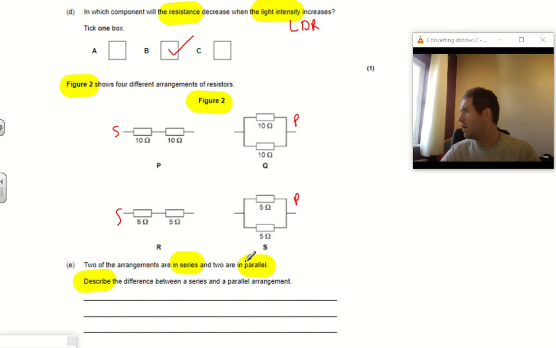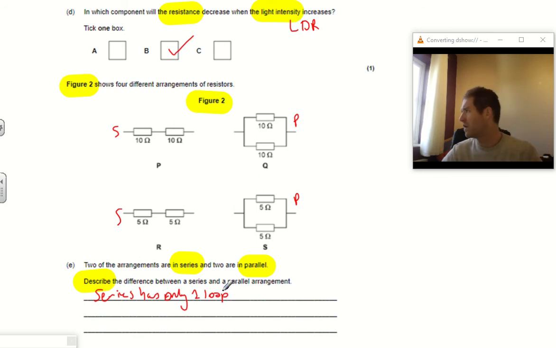So we should say that a series has only one loop.